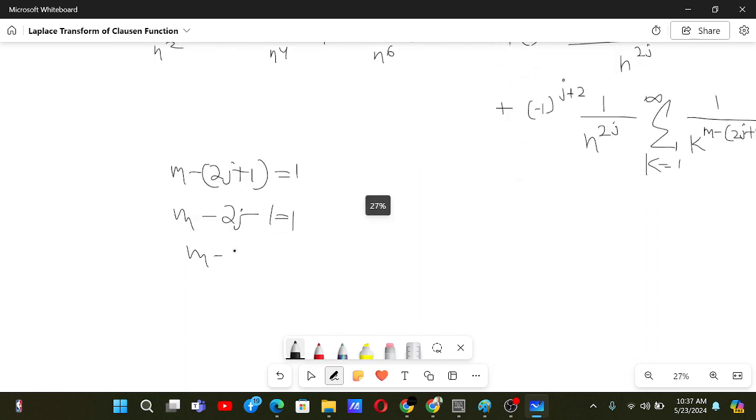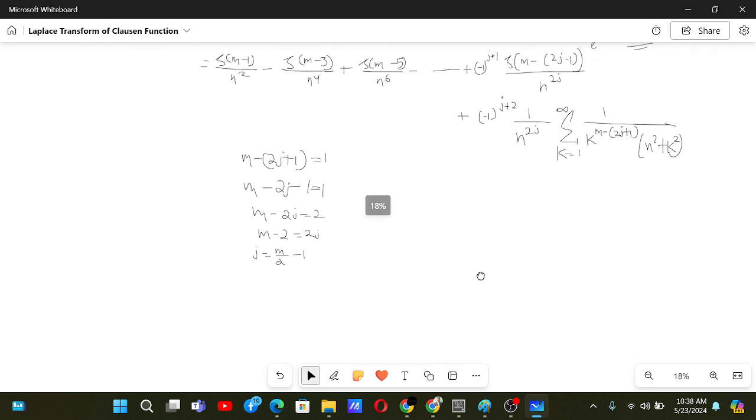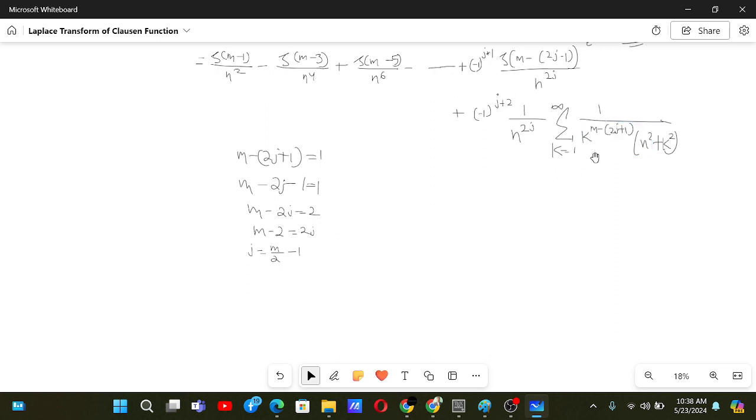minus 2j will be 2, m minus 2 will be 2j, and that means j should be m by 2 minus 1. Yes. So this actually finds for us the value of j, for which this term becomes k to the power 1 times n square plus k square.